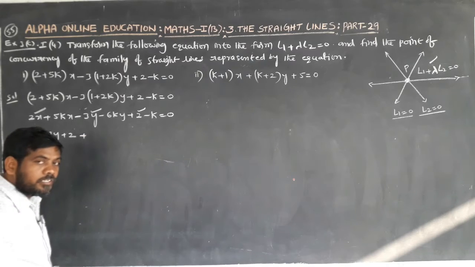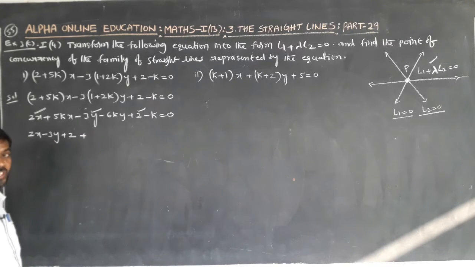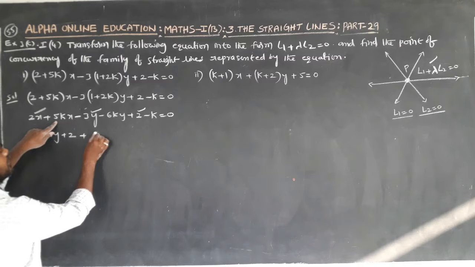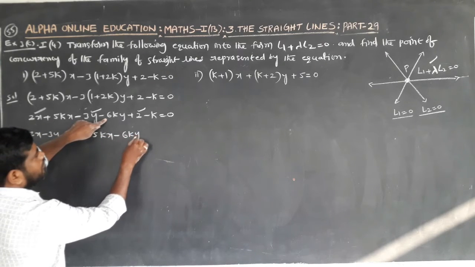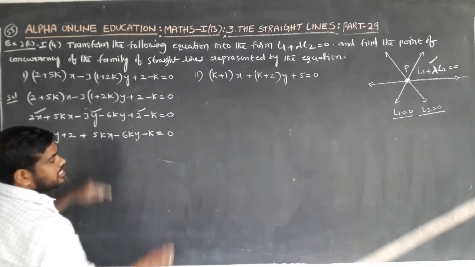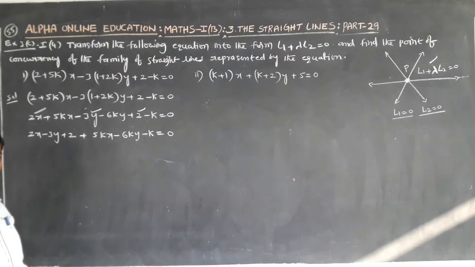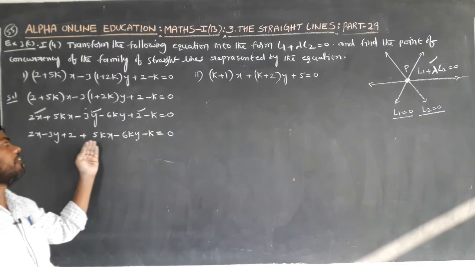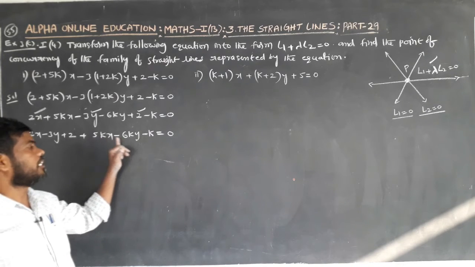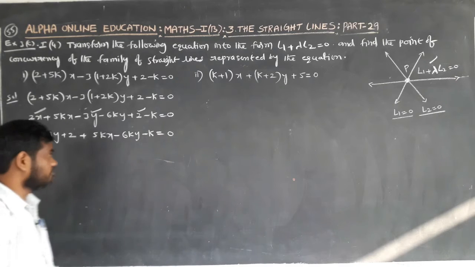Again write the k terms: plus 5kx minus 6ky minus k is equal to 0. Again write in terms of k.